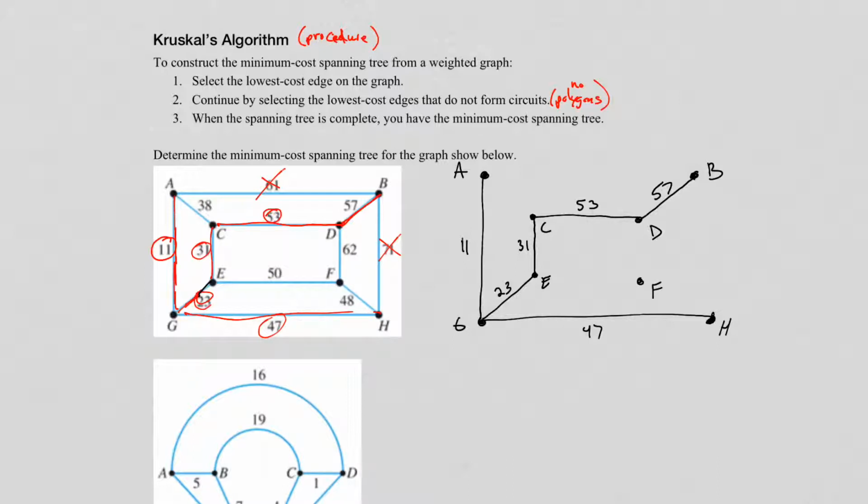All right. So we have 3 ways to get to F. What are those 3 ways? We have 62, we have 50, and 48. Which one's the lowest? This 48. So that means we're going to connect this way.